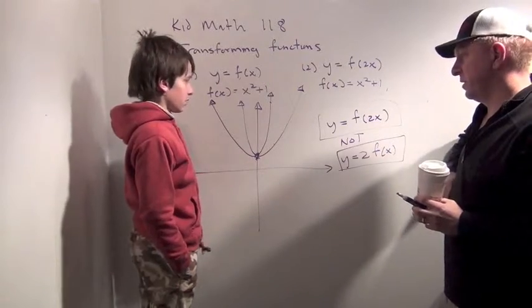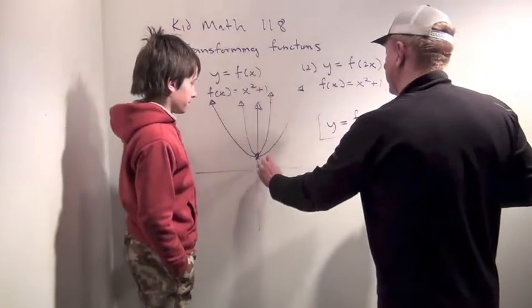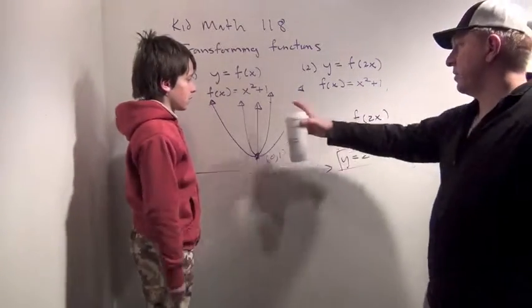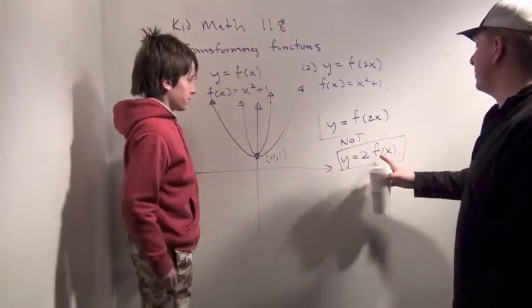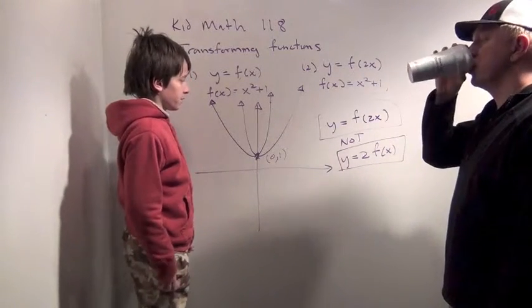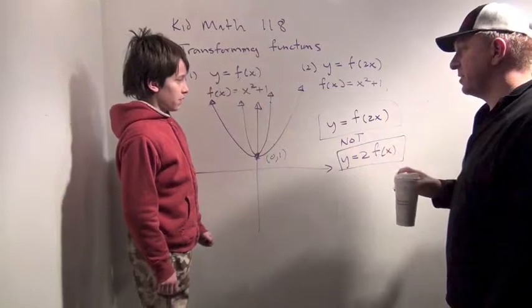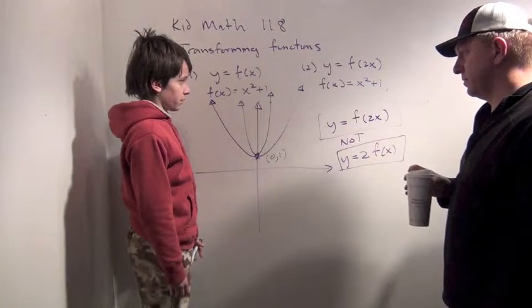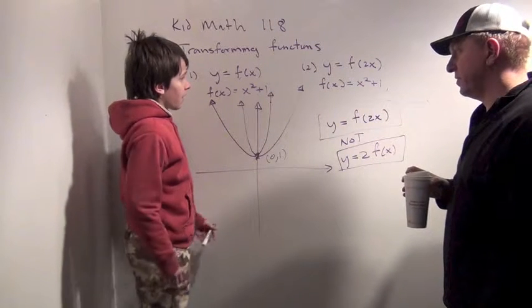What is that point? This is 0, 1. Okay, where would 2f of x be? Remember, f of x is x squared plus 1. Where would 2f of x be? At x equals 0, what's f of x? What's our function?